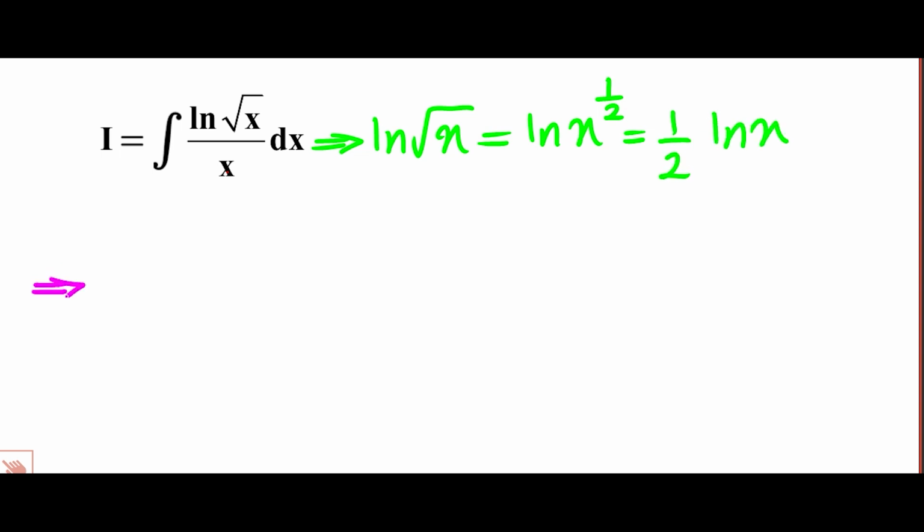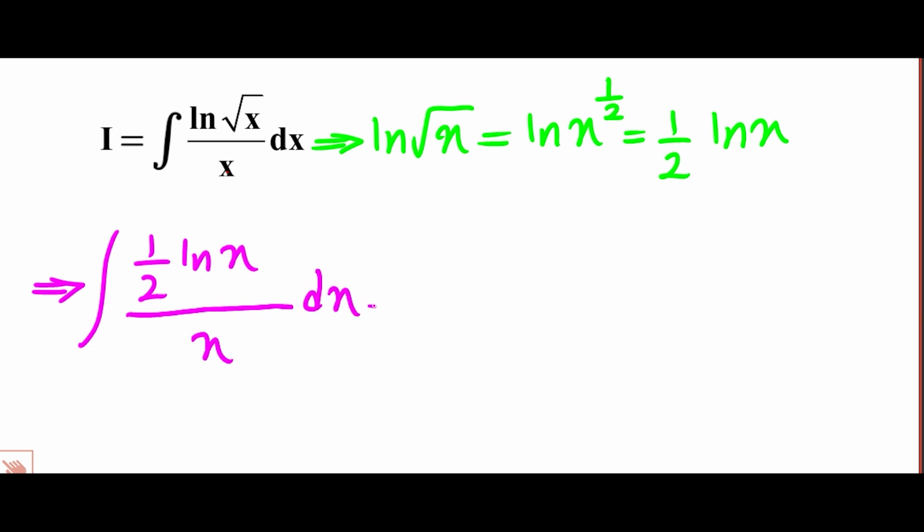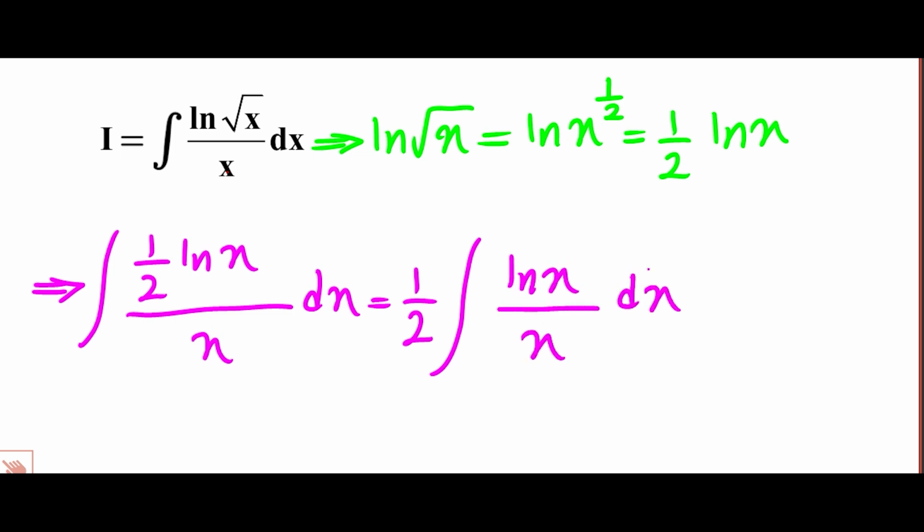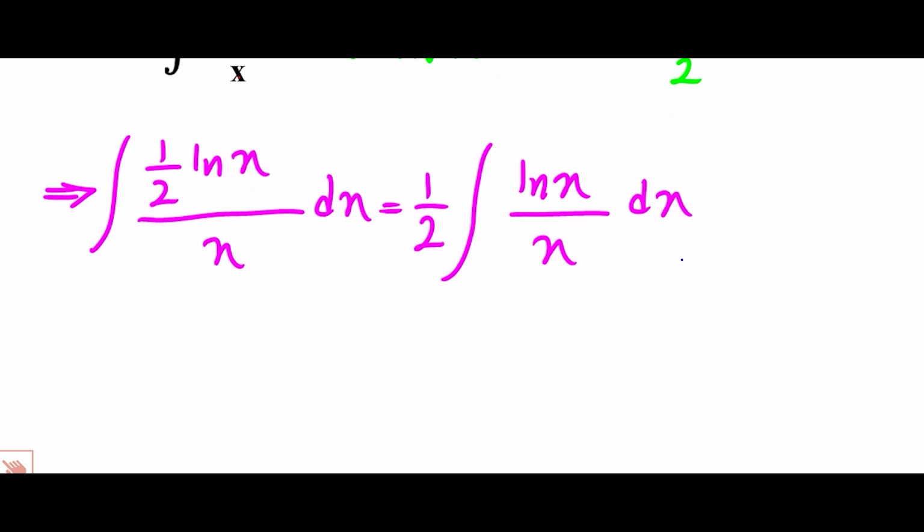So we have the integral of 1/2 ln of x over x dx. Since 1/2 is a constant, we pull it outside the integral sign. So we have 1/2 the integral of ln of x over x dx, right?